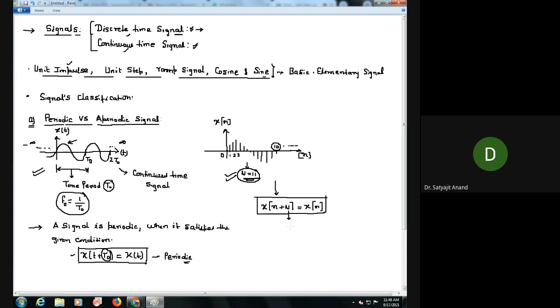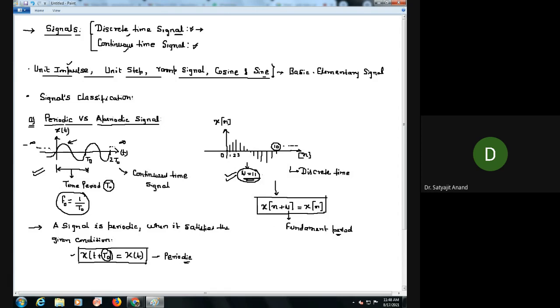This will be your fundamental period, capital N, or time period, you can say. Now a question may be asked: if this is a continuous time signal and this is a discrete time signal, and both are periodic, this is the assumption that somehow we got to know that the signal is periodic. Now the question may be, sir, if this signal is periodic, please let me know what the fundamental period is.